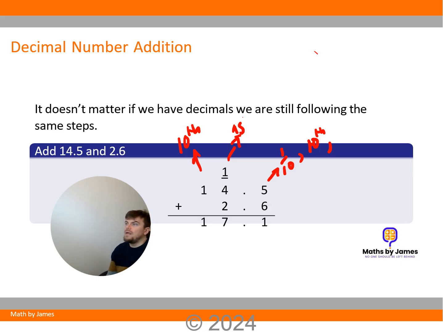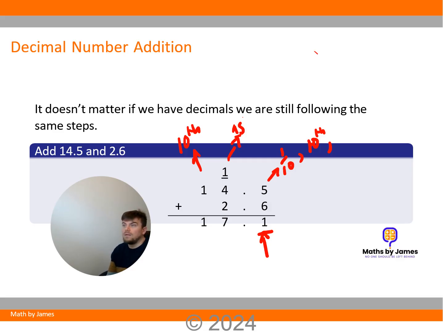So what we do here is we take the 5 add 6. So this is 0.1s, so 11 0.1s is 1.1, which means we have 1/10 and we have 1/1. So what we do here is we add all of these together.